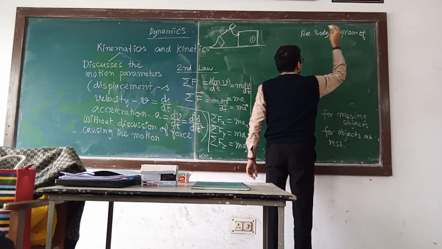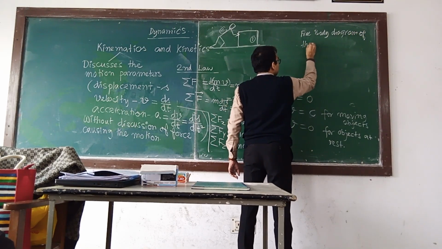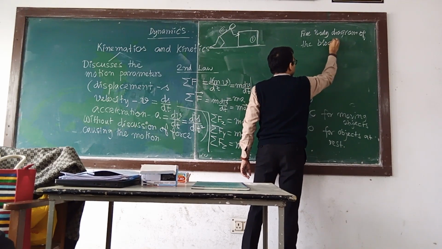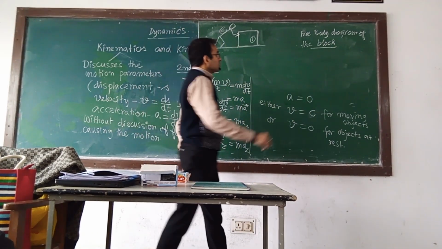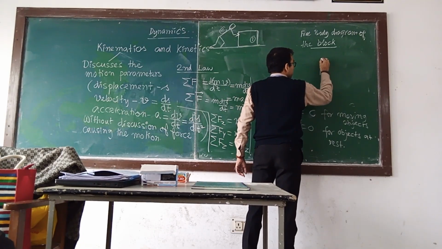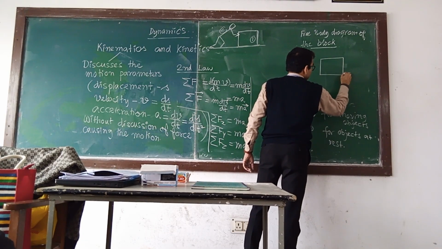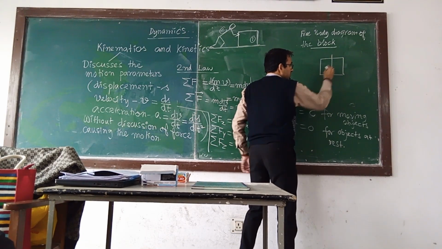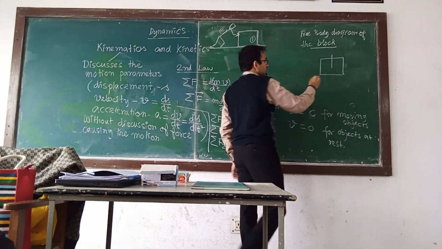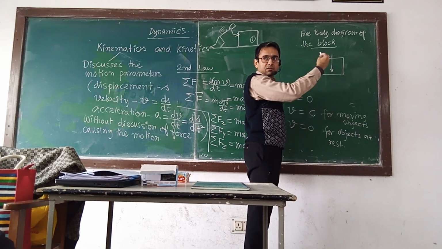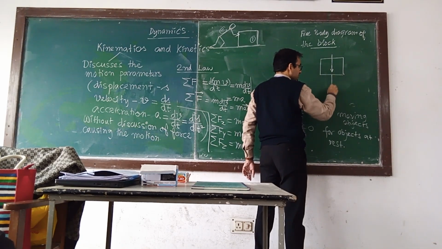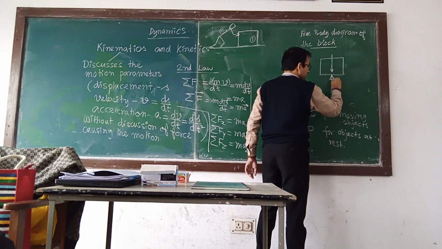Of the block, right? So what is that? If I draw the free body diagram, then I will show the weight of this. This is the weight acting from here, and there will be a reaction from this, right?